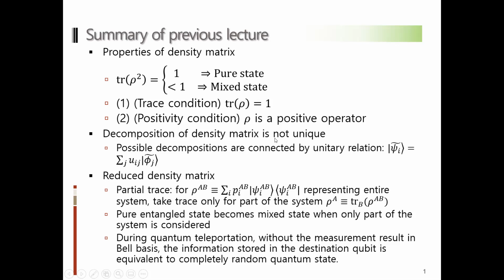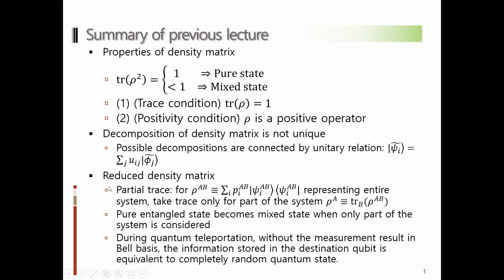The given density matrix can be decomposed into many different ensembles, so it is not unique. However, all those decompositions are related to each other, and they can eventually be shown to be connected through a unitary relation.